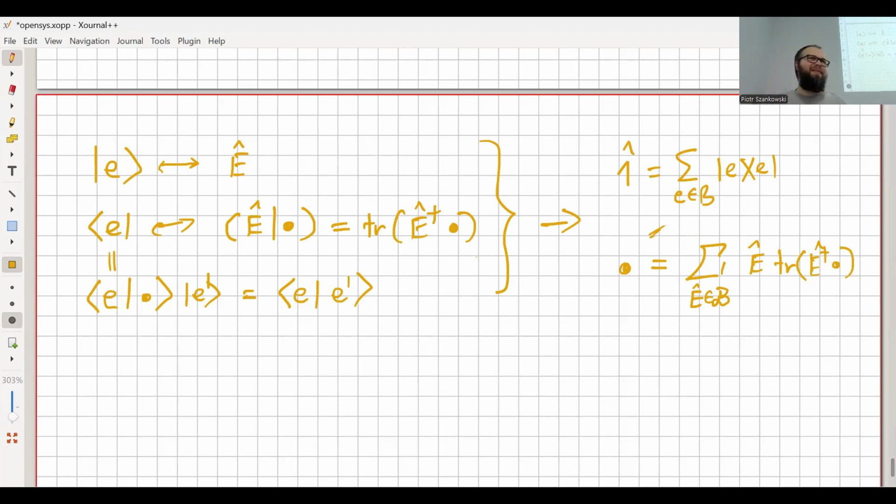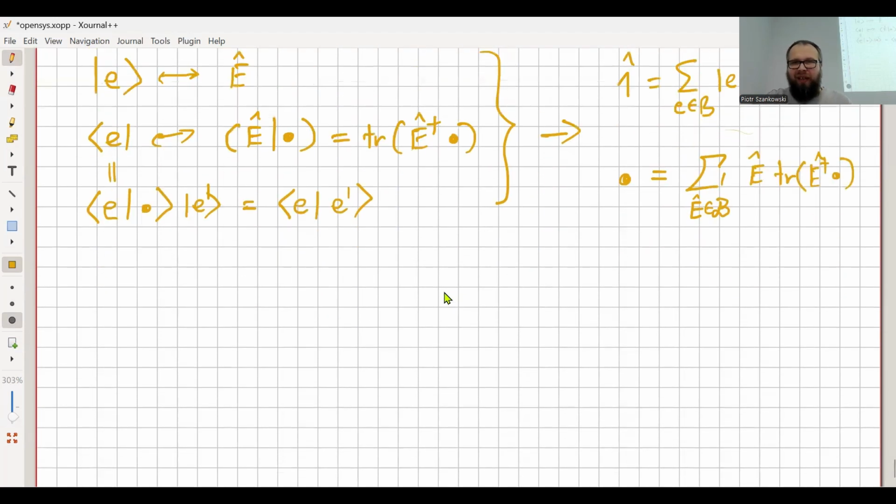All right? Which means now we can just use it to decompose our operators and superoperators into matrices. So with this revelation, we can take our density matrix, act on it with identity, so a bullet, and do the decomposition.